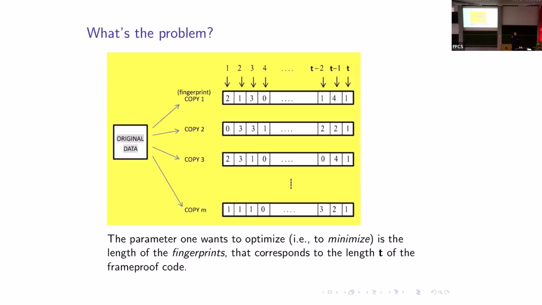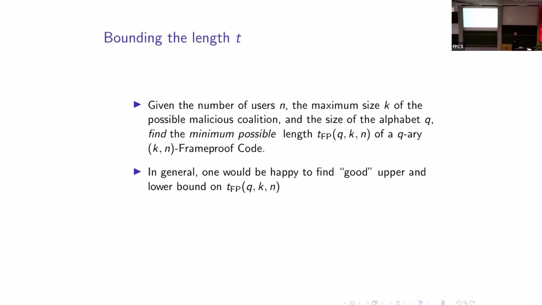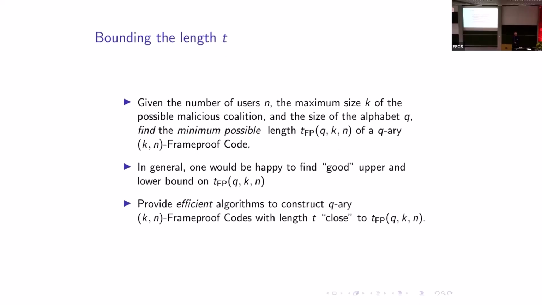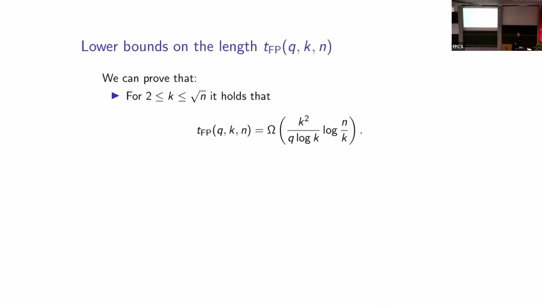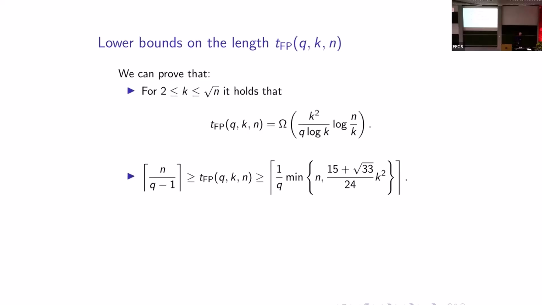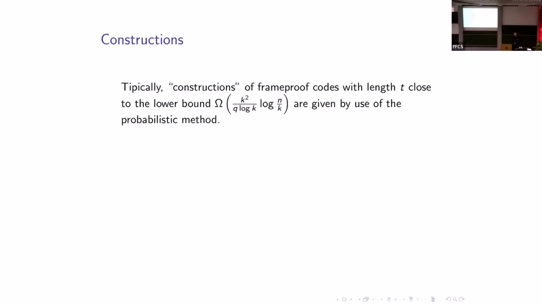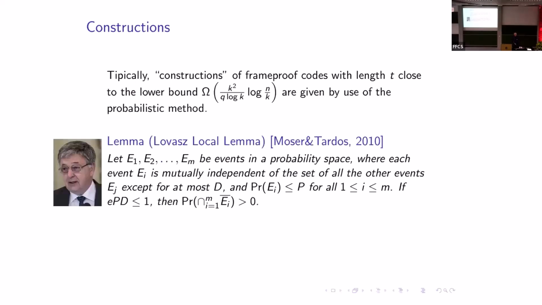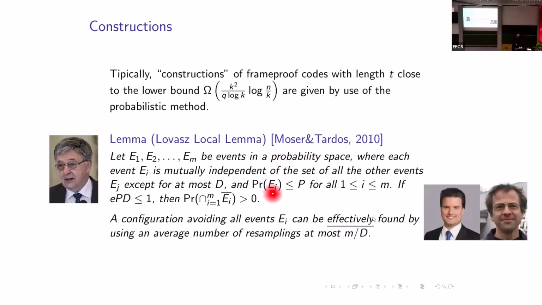Since I ran out of time, I will just say that there are many applications. The problem is always to find codes with short signatures. And we were able to prove a bunch of constructions, upper and lower bounds, that improve the bounds in the literature. Essentially, the main tool is the fantastic Lovász local lemma, at least in the deterministic version given by Moser and Tardos.